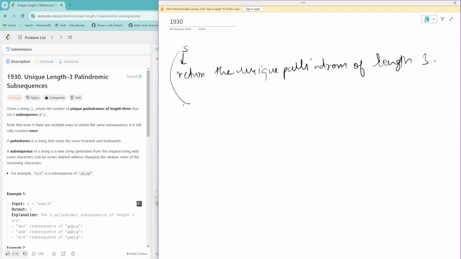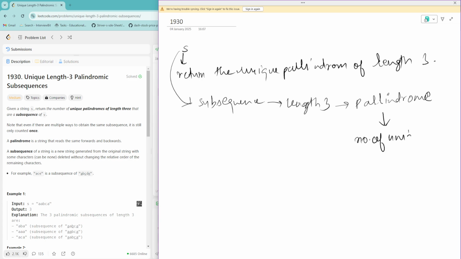So simply we need to find a subsequence of length 3, and if it is a palindrome, then we need to return the number of unique palindromes.